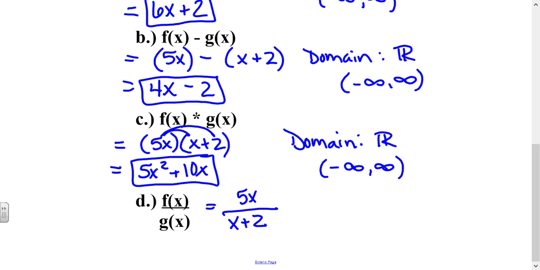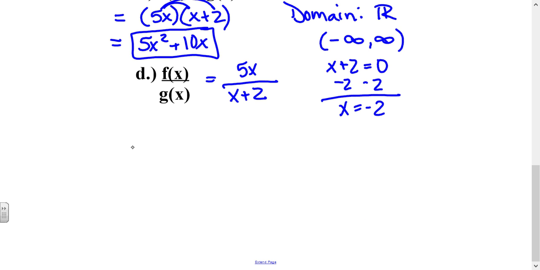So I have to figure out what would I plug in for x to make the denominator equal 0. So if I set x plus 2 equal to 0, then I could subtract 2 from both sides, so x equals negative 2. So if I plug in negative 2 for x, then my denominator will equal 0, and I'm going to get an answer that's undefined. So basically, I can plug in any number except negative 2.